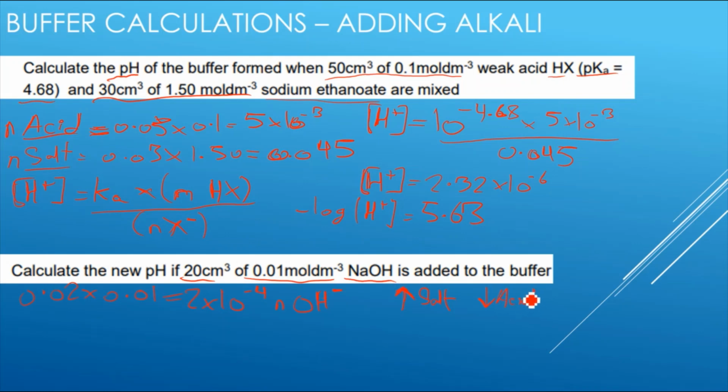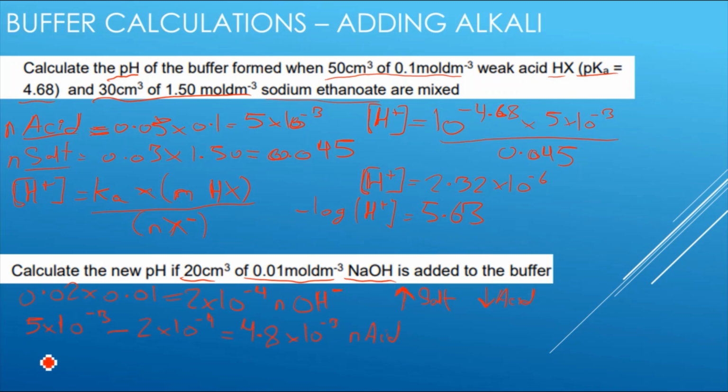So now adapting my moles according to that. First looking at the acid, it'd be 5 times 10 to the power of minus 3. Now I'd be taking 2 times 10 to the power of minus 4 away because it's OH minus, and what I get as my acid is 4.8 times 10 to the power of minus 3 as my new acid moles.